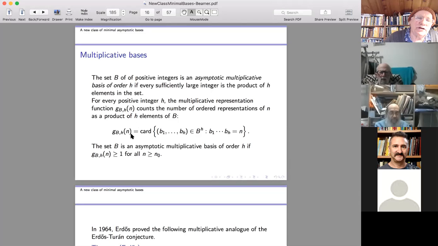That's this function g of n. B is the set of positive integers, h is the number of factors. And we say that the set B is an asymptotic multiplicative basis of order h if every number from some point on has at least one representation as a product of h elements in the set. So this is the beautiful, simple multiplicative analog of the additive question.